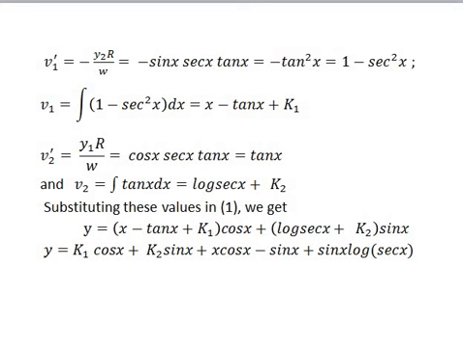So it is −sin x · sec x · tan x. Sec x can be written as 1/cos x, so sin x / cos x is tan x, giving −tan² x. Tan² x can be written as sec² x − 1, so we get 1 − sec² x. v1 is the integral of (1 − sec² x) dx. The integral of 1 is x, and the integral of sec² x is tan x, plus k1.